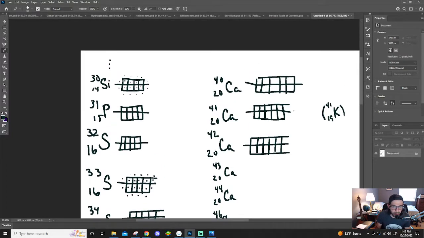Let's look at this. This one decays into potassium 41. So essentially, it's like one of these spaces, like this space here, just kind of has its material removed.